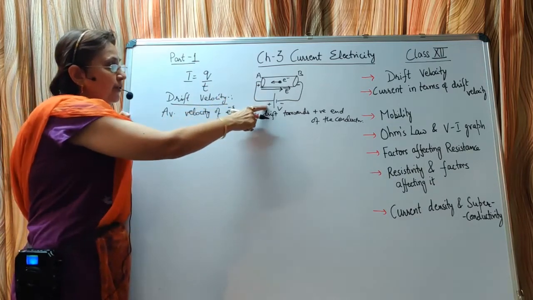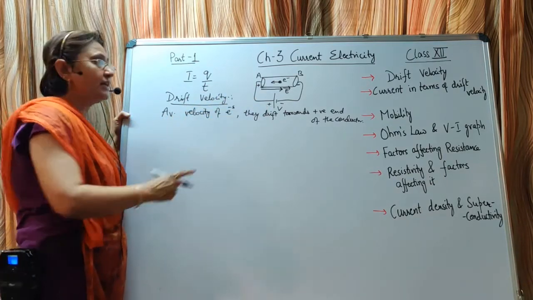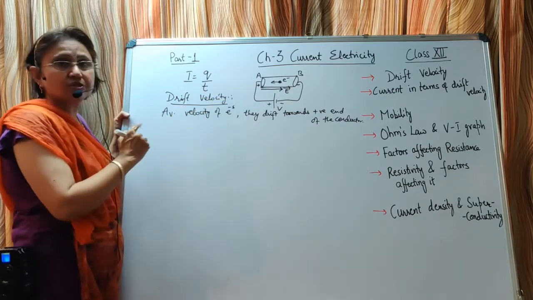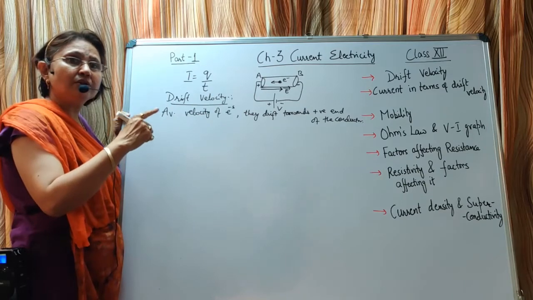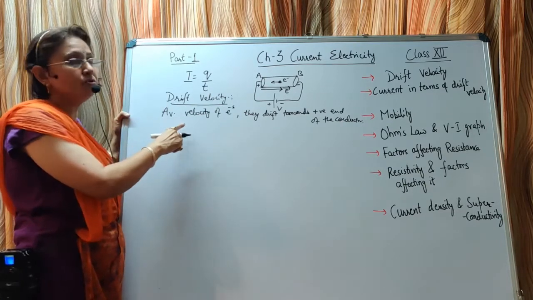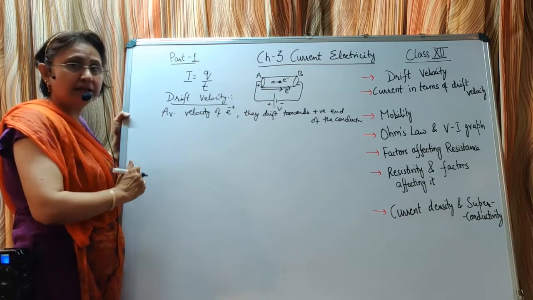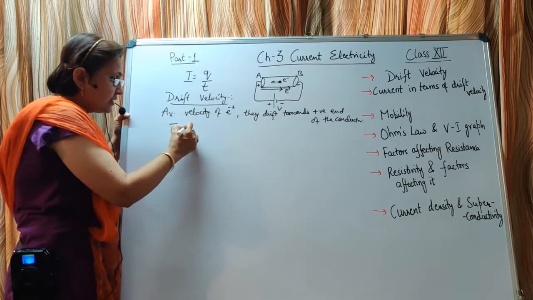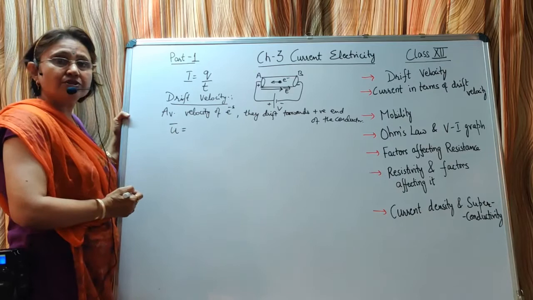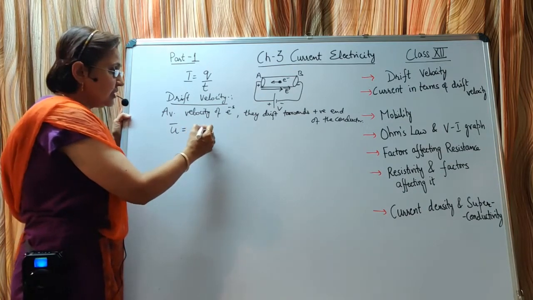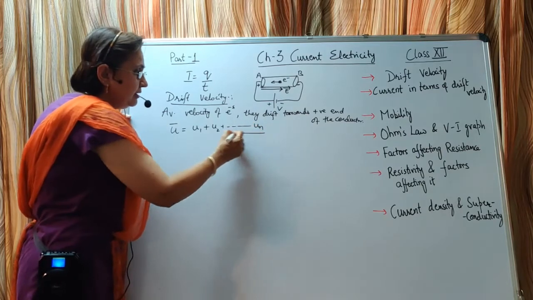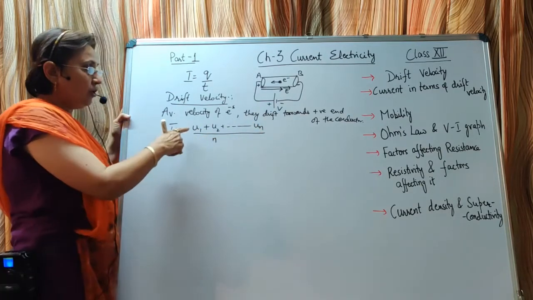Before connecting to the terminals of the battery, that is before the electric field is set up, let the initial velocities of the electrons be u1, u2 and so on, un, if there are n number of electrons. Now let's find out the average of all these initial velocities, which will be equal to (u1 + u2 + ... + un)/n.